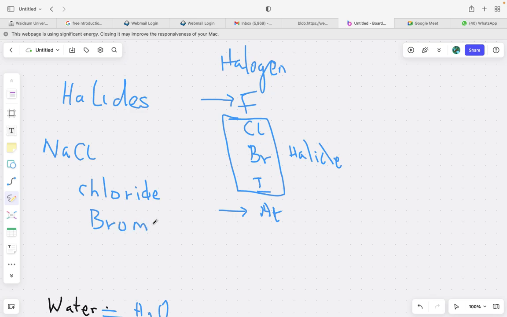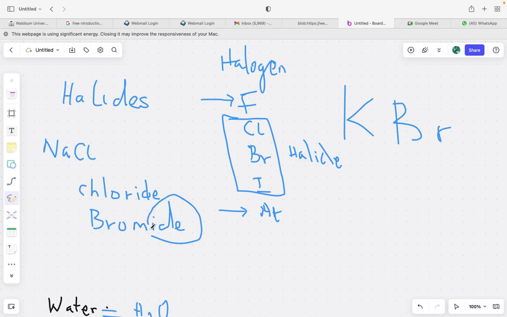Any reaction where you take a metal like potassium and bromine, if they ask you to name it, you say potassium bromide. You don't say potassium bromine; you end it with IDE.